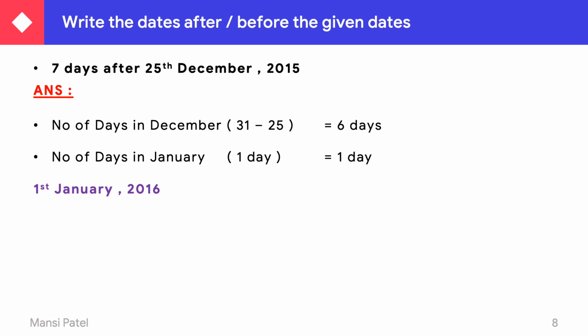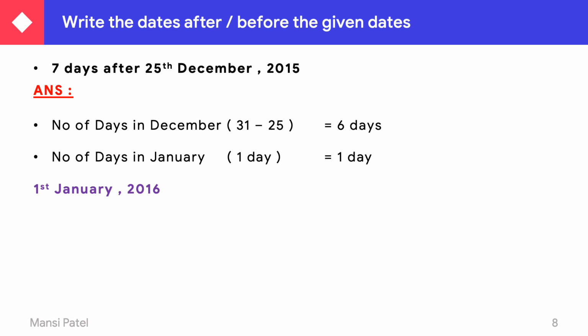But our year is complete. As we know already, our year starts from January and goes to December, from 1st January to 31st December. After 31st December, 1st January comes again, but the year will change. If it is 2015, then it becomes 2016. So please remember, whenever you have to calculate the number of days across December and January, the year would change.